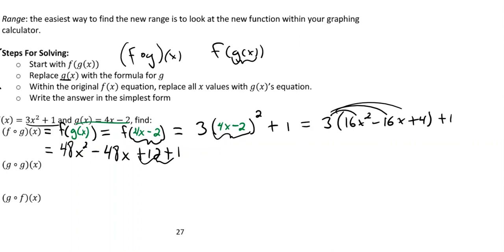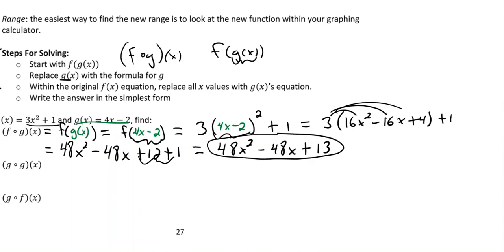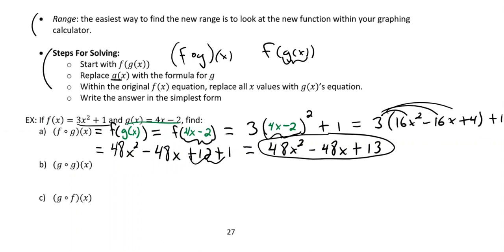And then just collect our like terms. So in the end here, we'd have 48x squared minus 48x, and then plus 13. Okay, so that's the new function. That's our function f of g of x. Okay, so that's really the skill.